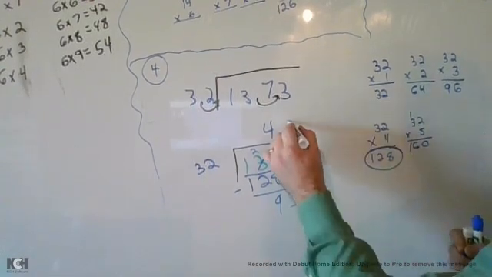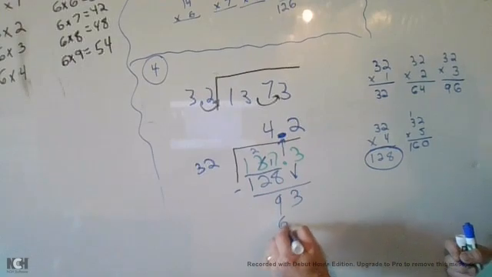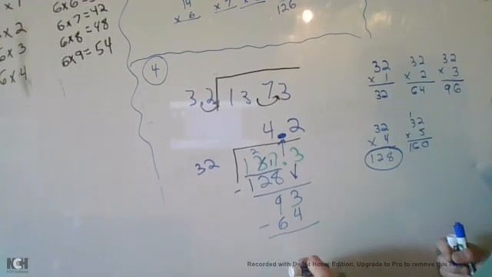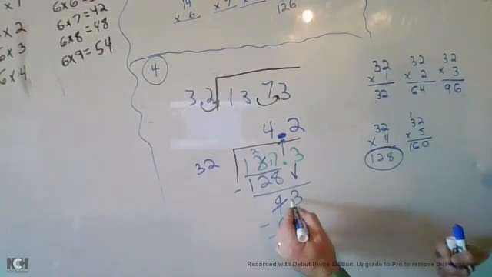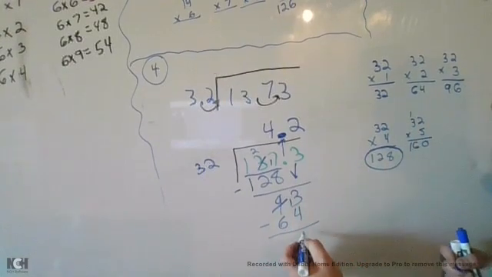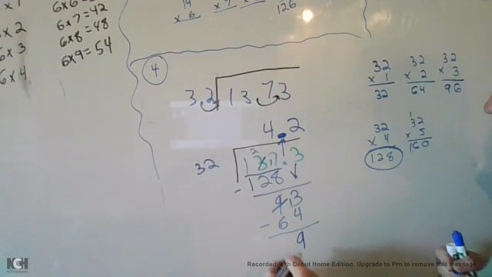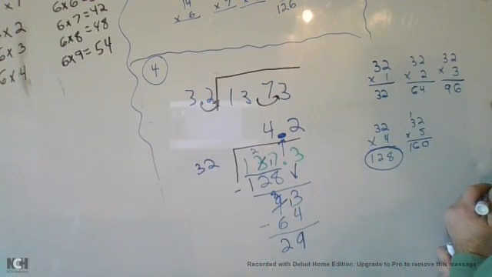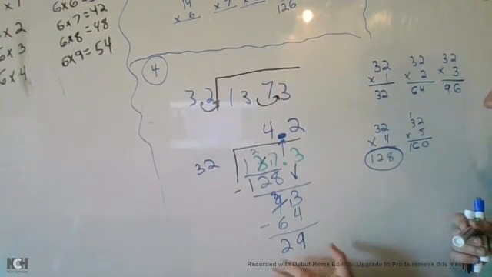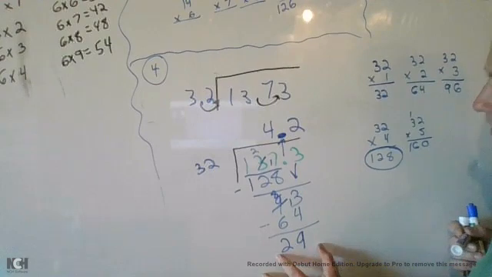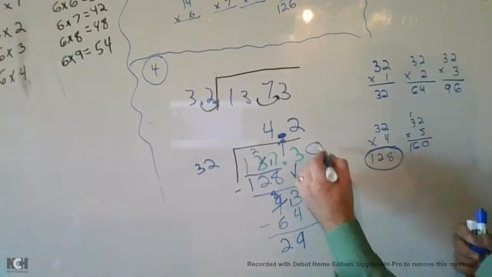So it took me 2 times to get there, put 64 here. Can't take 4 from 3, so I now have 9. That's an 8. So 290. I'm sorry, 29. Make a new place value.